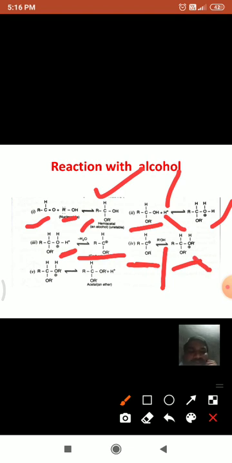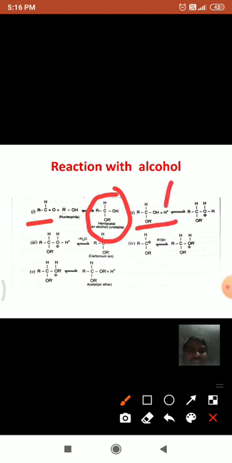See here, this H plus adds at oxygen and converts it into OH2 plus, and this OH2 plus is removed as water. So we get the carbonium ion here. The carbonium ion again reacts with one more alcohol group. See here, we get again oxygen plus, and in the next step, with the removal of a proton, we get the acetal.